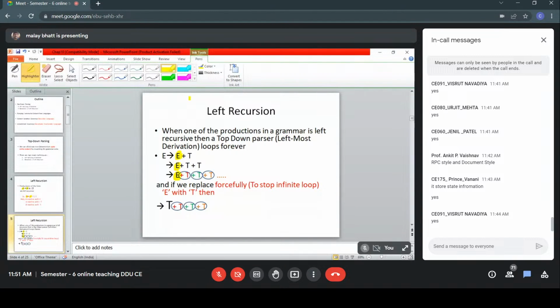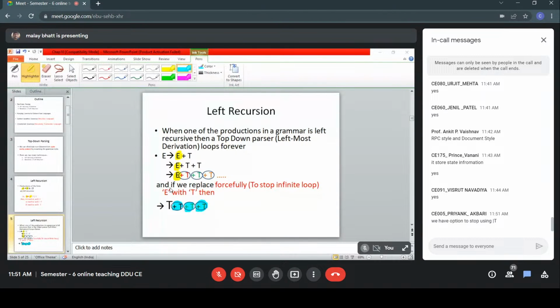So basically, when we have a left recursive grammar, we have a certain pattern which is repeated. It is plus T, repeated any number of times. The main thing is that a computer cannot decide when to stop.